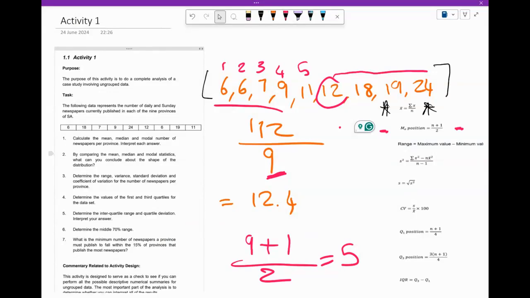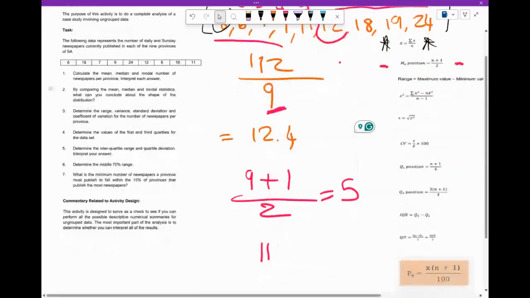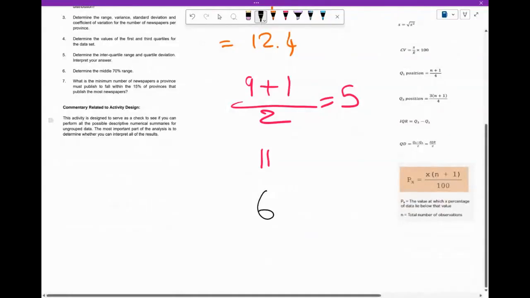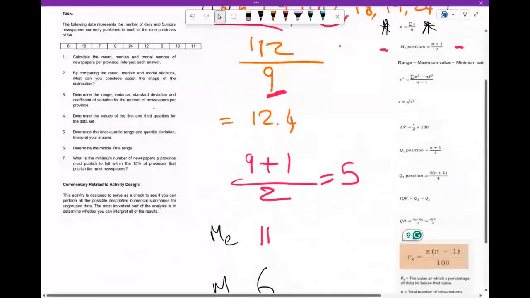What is the mode, guys? Yes, the most frequent number. Simple as that. What's our most frequent number there? It's 6. It's this one. Thank you, sir. Okay, so now we have our mode. We have our median, and then we obviously have our mean.